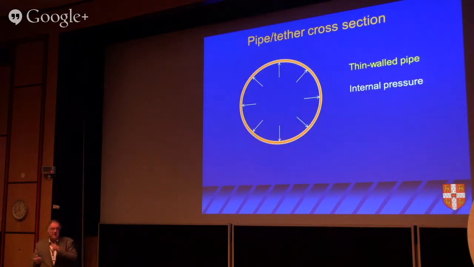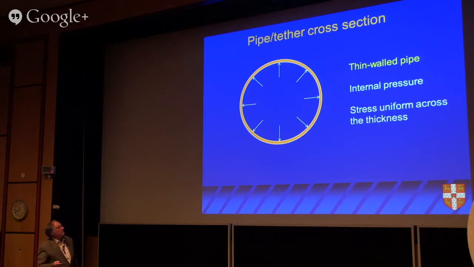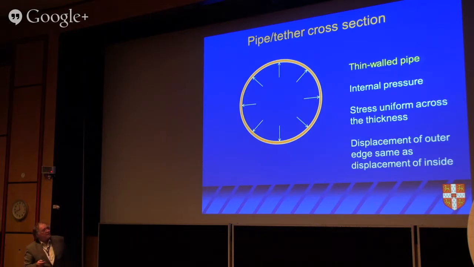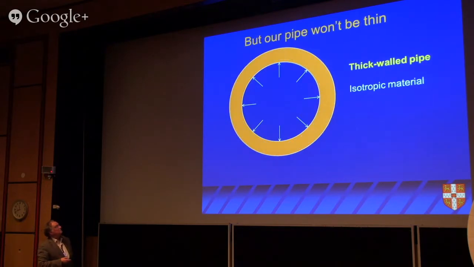And that raises then issues about the bursting. Because if you have a thin shell like this with an internal pressure, then the stress across here is the same. You don't get any variation, and you get a very simple result of a trivial calculation. An A-level student should be able to deal with that. But our tether won't be thin, it will be thick.